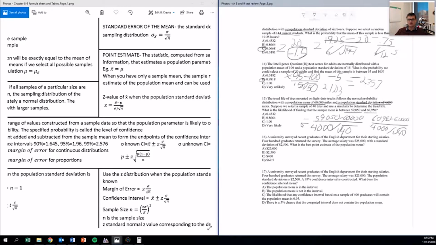And so the question is what is the probability of finding the sample mean between 59,050 and 60,950. So you've got negative 1.5 and 1.5. So once again, it's the exact same distance between. So are you trying to find what's on the outside, or are you trying to find what's in between? You're trying to find what is between 1.5 and negative 1.5.